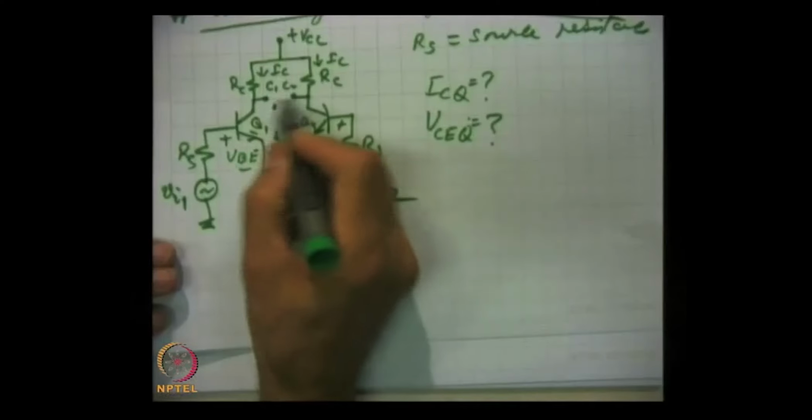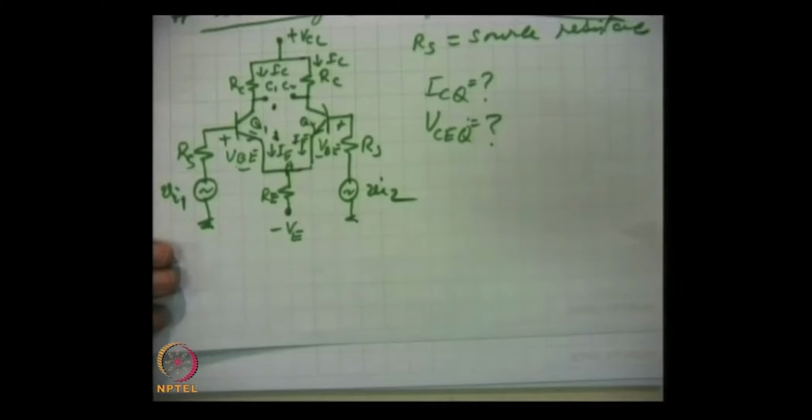So, this analysis is applicable to all the variants of this differential amplifier. Now, what are the variations possible? The variations come from where we are taking the output.